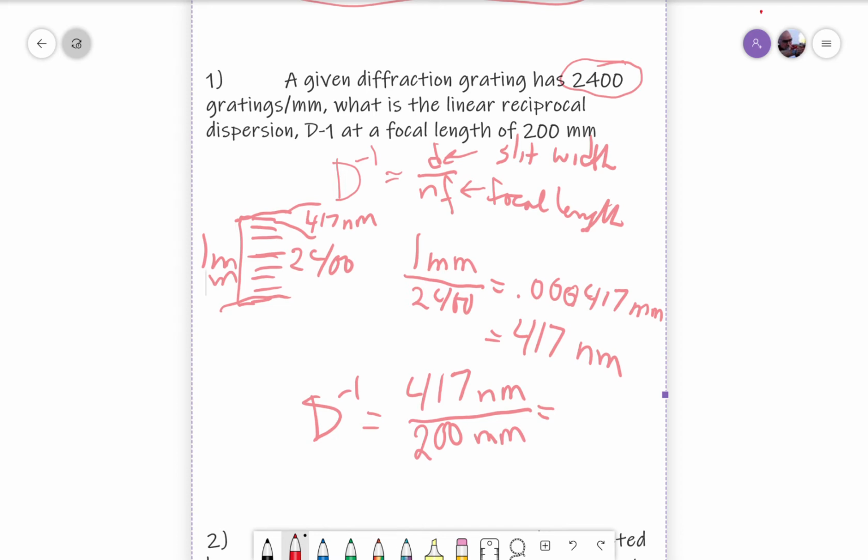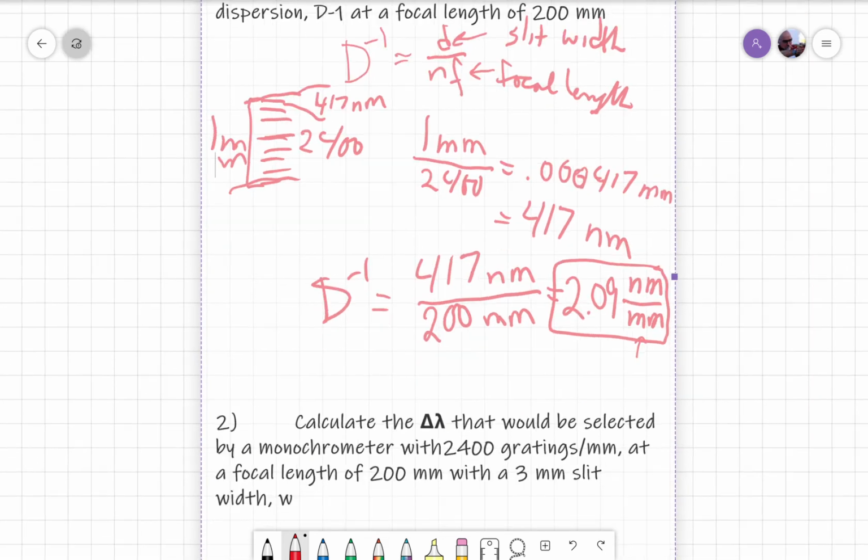Meaning the d to the minus 1 in this problem is 2 nanometers per millimeter. And that is a good set of units because we want to know how many nanometers of wavelength is sliding through each millimeter of exit slit width W.